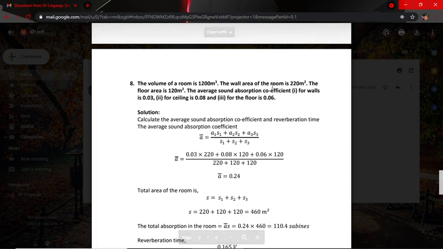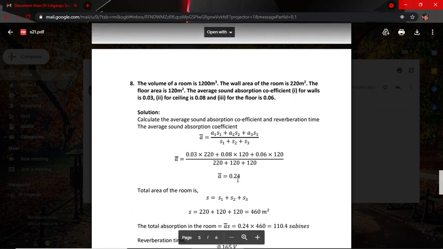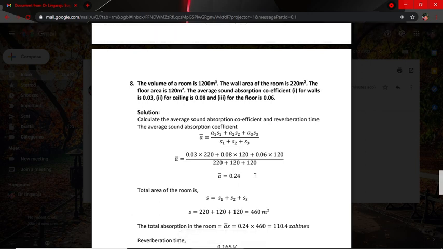Next is the ceiling, 0.08 into 120. Next is 0.06 for the floor into 120, divided by 220 plus 120 plus 120.